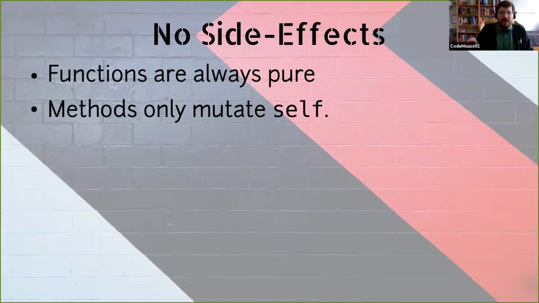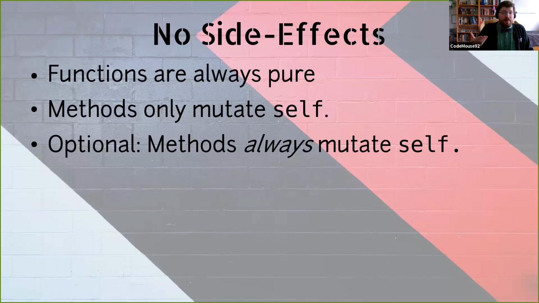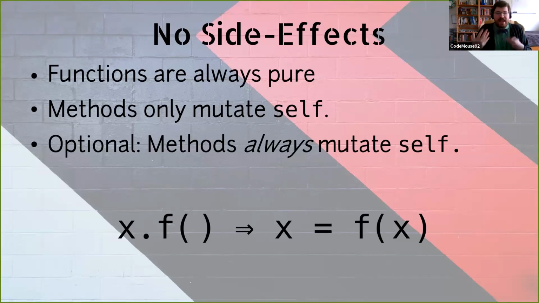They can't mutate anything else, but they can mutate self. In fact, I would even take this a little further, optionally, and say write your methods to always mutate self, because this creates a syntactic sugar for us. The x.f method call now becomes effectively in our minds the same as reassigning the value of x.